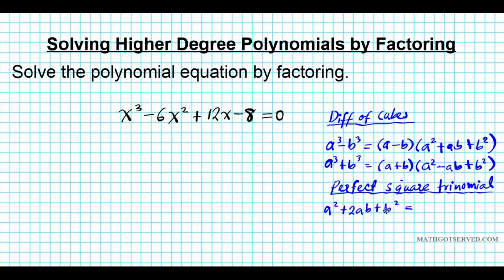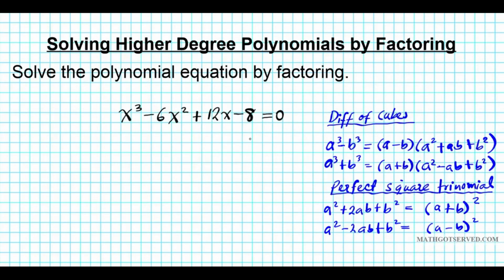If you root the first and the last and bring down the middle sign, you have the factored state of this polynomial, which is a plus b quantity squared. And then if you have a squared minus 2ab plus b squared, that factors into a minus b quantity squared. Alright, so let's keep this in mind.